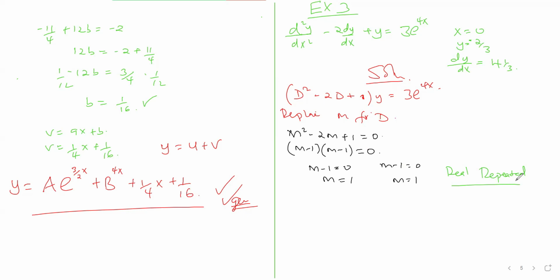Very simple. It is written generally as u equals (ax plus b) exponent alpha x, where alpha is the repeated value. Okay, so in our case here, what will we have? u equals (ax plus b) exponent 1x, so it is just e to the x. That is our u part.